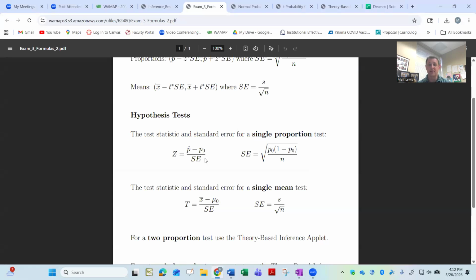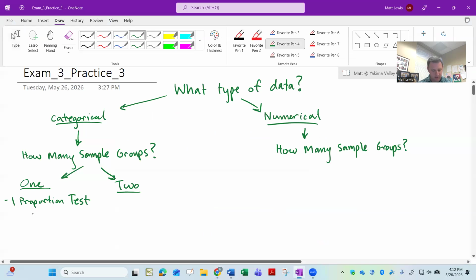And so this is the type of test where I want you to actually use the formulas. I want you to calculate the standard error. I want you to calculate the test statistic, and then I want you to use the normal probability calculator to find your p-value.